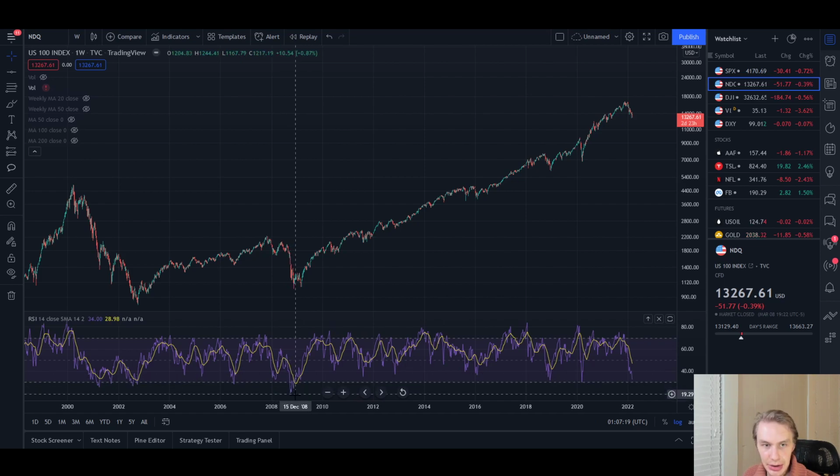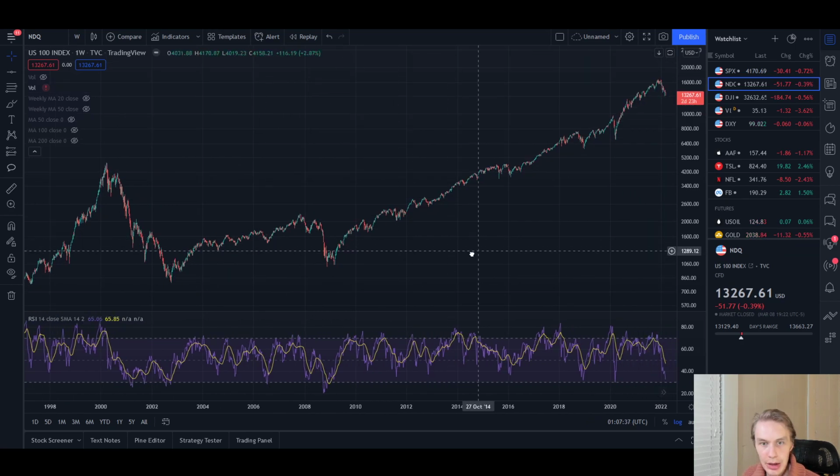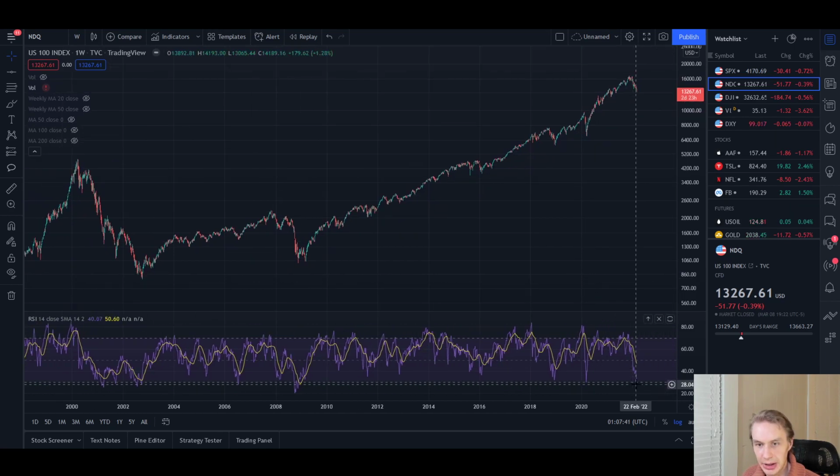That's the last time we broke down below these levels. So if we can't hold at these same levels that we've held in the past, that's where we're entering the territory of the 2008 crash, or the dot-com bubble burst. That's something to be mindful of, again speaking to this being a critical level potentially.